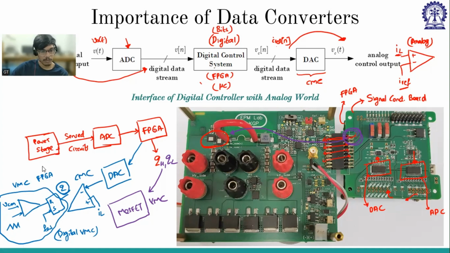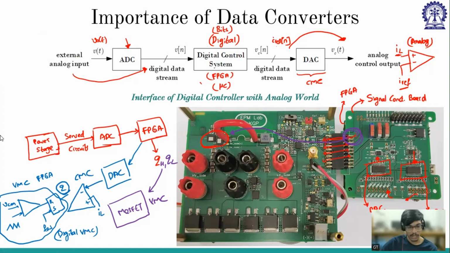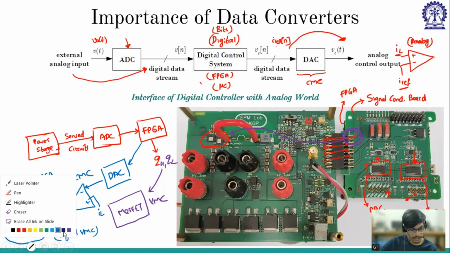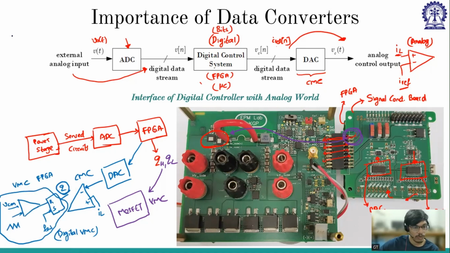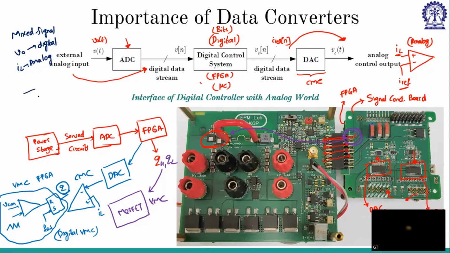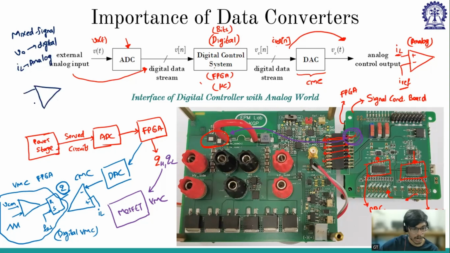But when we say current mode control, we say mixed signal. If you remember, we say mixed signal. Why do we say mixed signal? We say mixed signal because voltage is in the digital domain and current is in the analog domain. So there is some part which is in the analog domain, and it should be compared with the analog comparator.